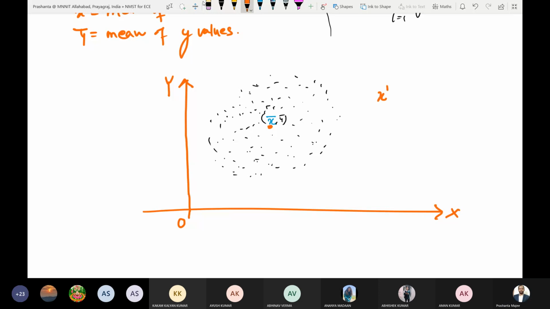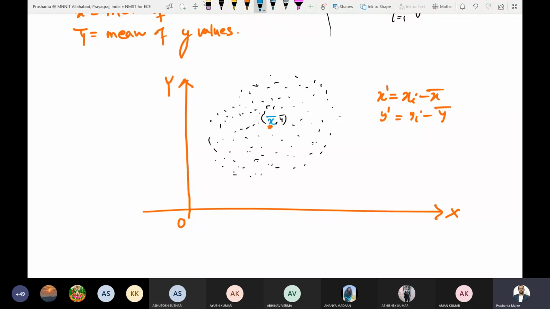The new x values with respect to the new coordinate axis is x dash. x dash will be what? xi minus x bar. Okay. And y dash is the y values with respect to the new y axis. So y dash will be what? yi minus y bar.